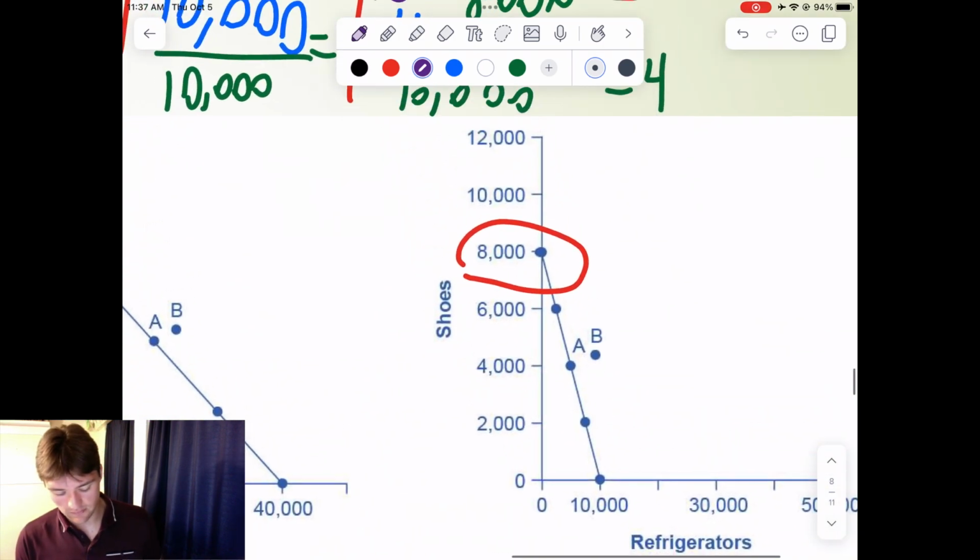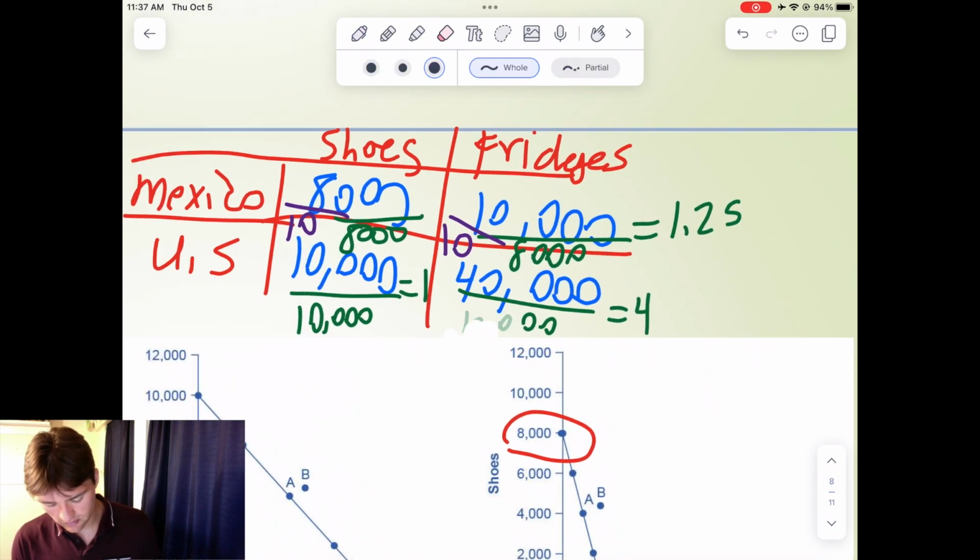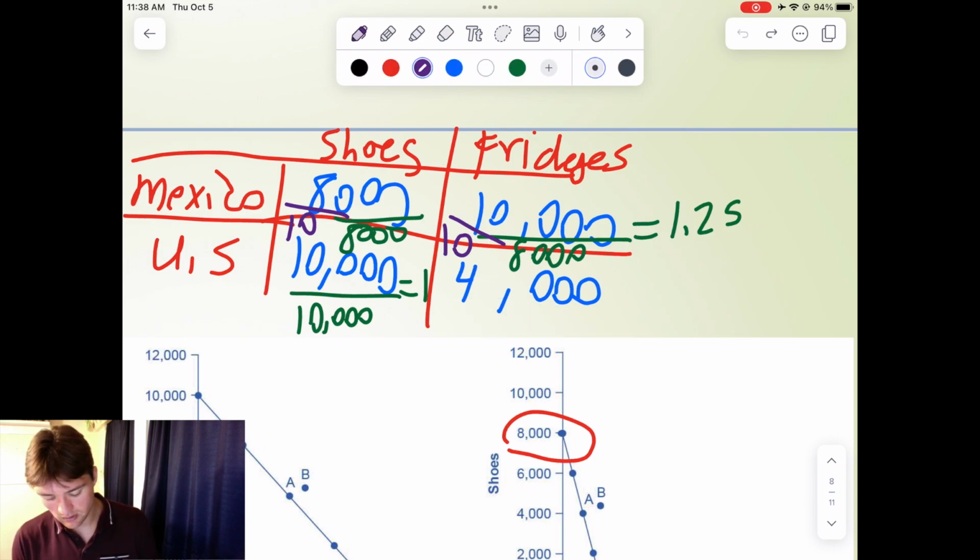And then if we were to do it for the US, we want 1 fridge, and currently we have 40,000 of them. So we need to do 40,000 divided by 40,000. That equals 1.